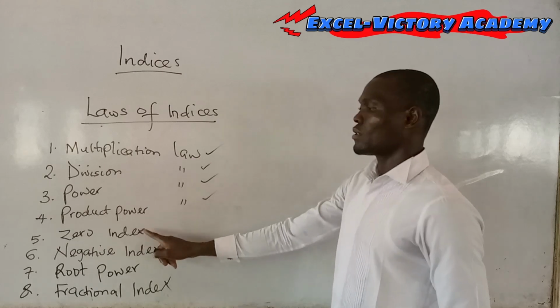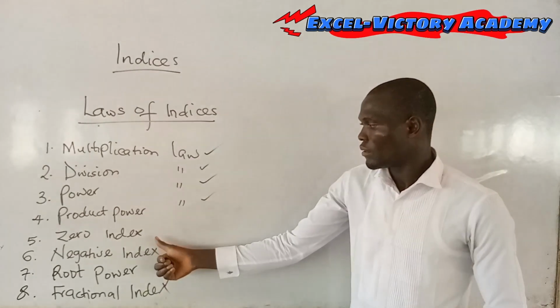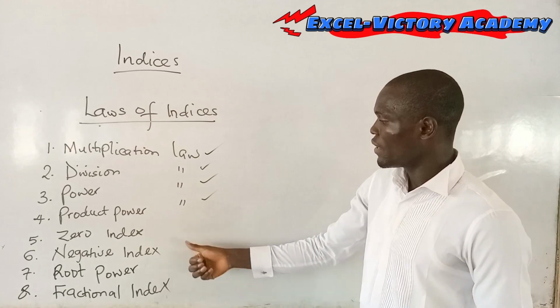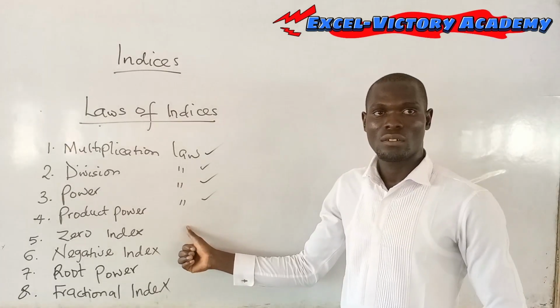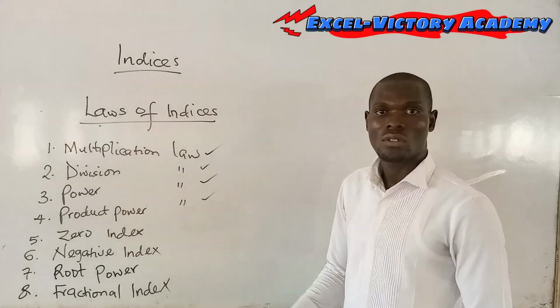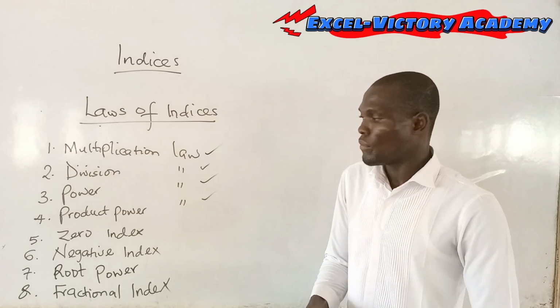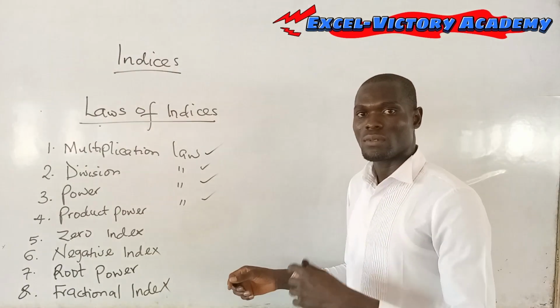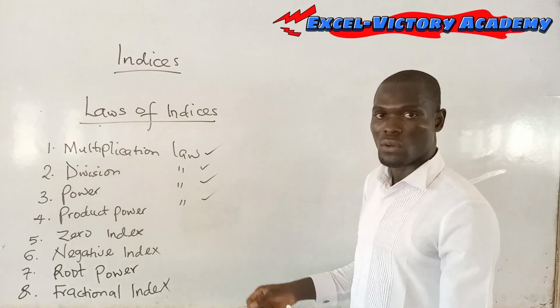Now moving to zero index. The law states that any non-zero digit raised to the power of 0 is equal to 1. Meaning any number other than 0 that is raised to the power of 0 is equal to 1.